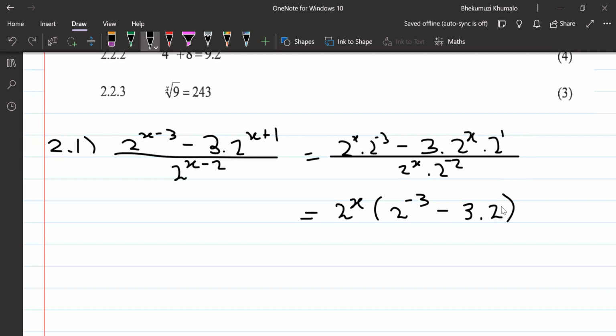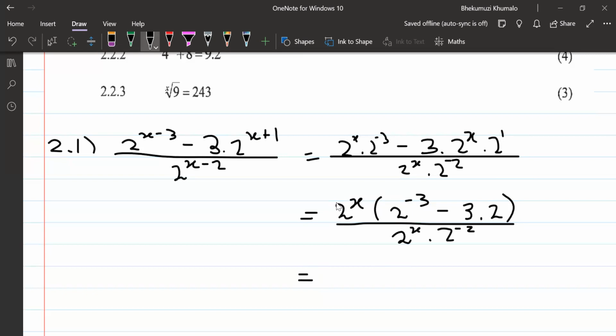And then at the bottom we have 2 to the power x times 2 to the negative 2, right? At the top now, we have 2 to the power x multiplying the entire thing that is left in the brackets, which is 2 to the power minus 3 minus 3 times 2, right?